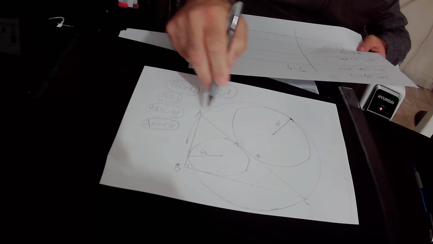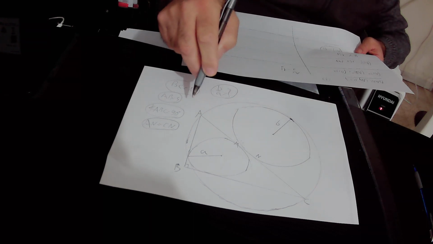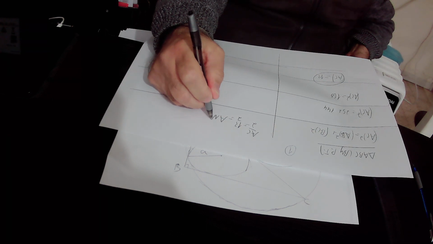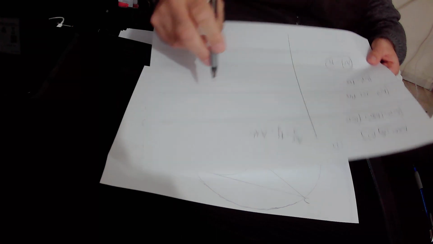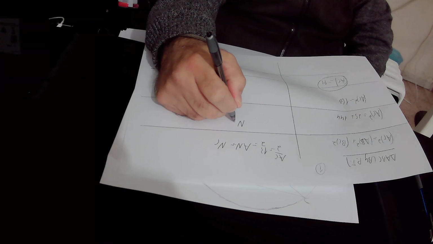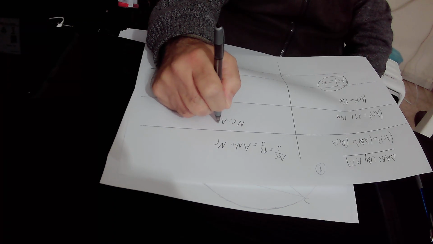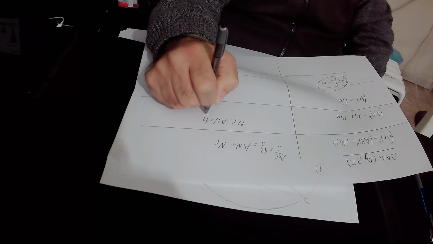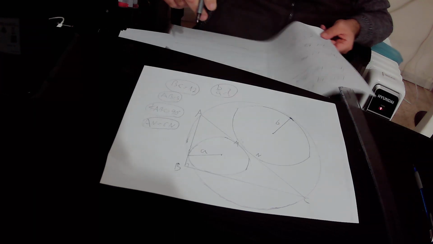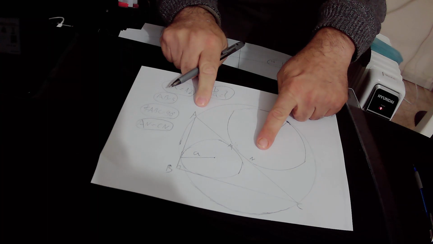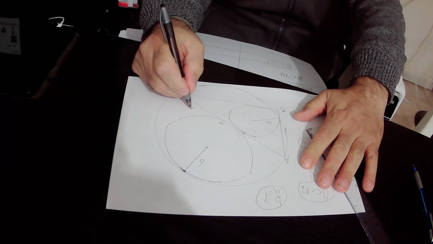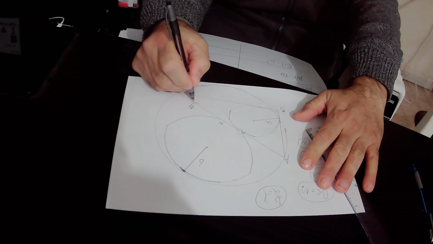So the first half AN equals 13 over 2, and the second half NC also equals 13 over 2.